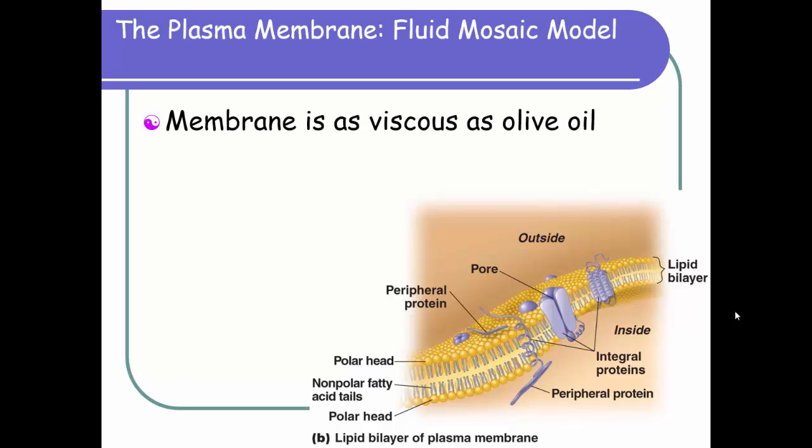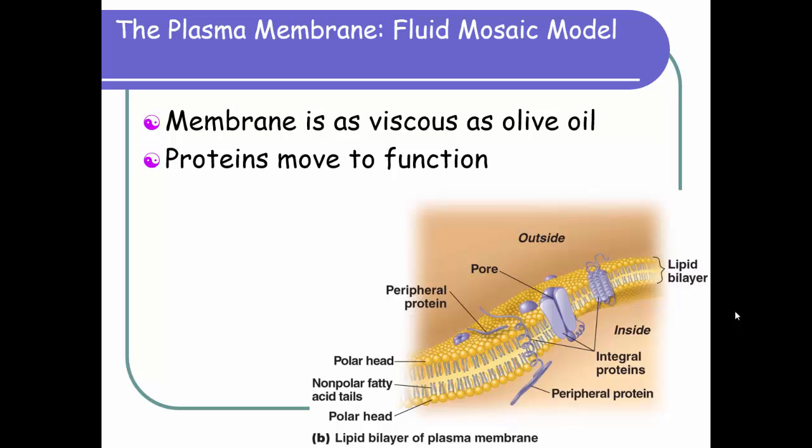Membranes are about as viscous as olive oil. And think about it. Go home, put some olive oil or other oil in water. They separate. This is what gives the membrane its selective permeability. Proteins can move within the layer of phospholipids to function at various places.